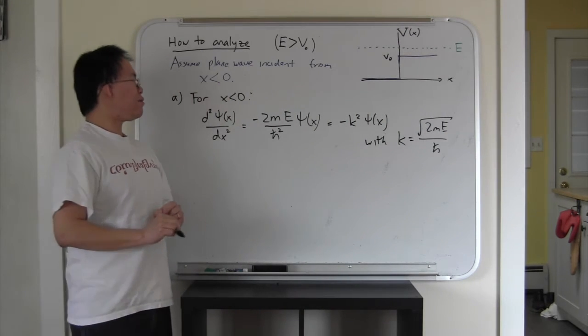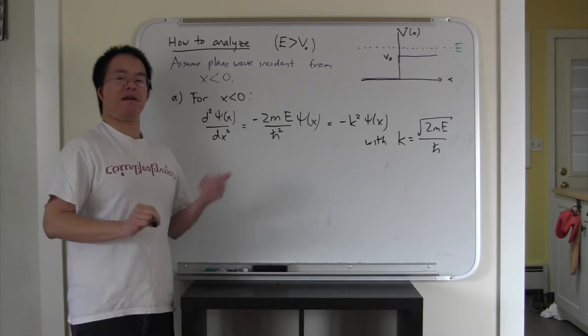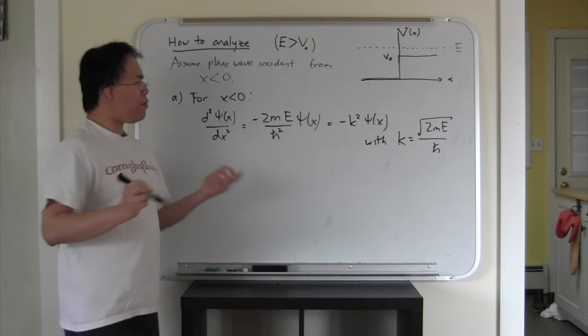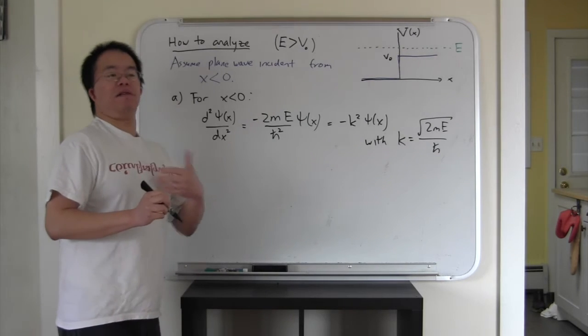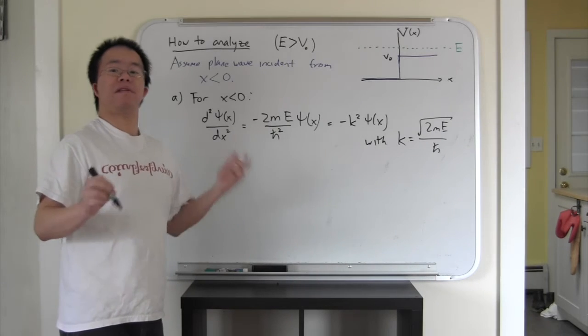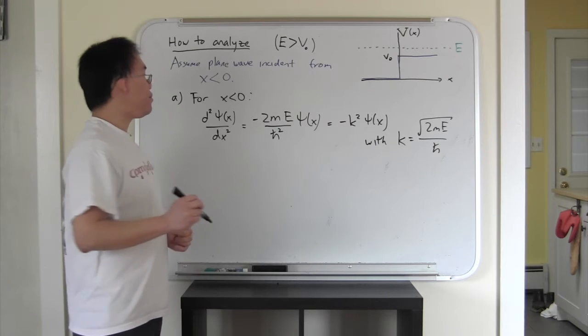So I think you can see from the form here that we've seen this kind of thing a couple of times, and so it's going to be oscillatory. It could either be sines or cosines, but it turns out it's easier to work with complex exponentials here.